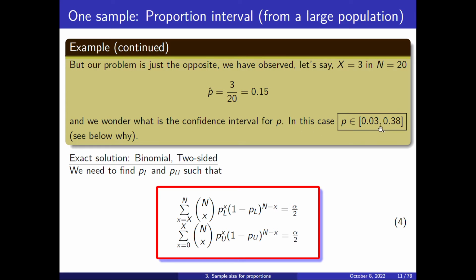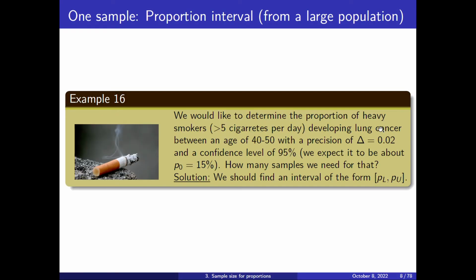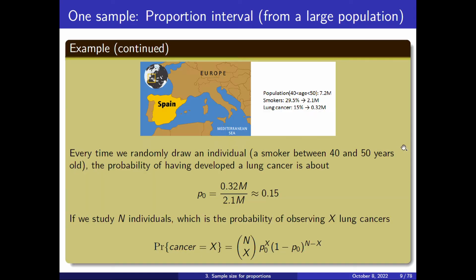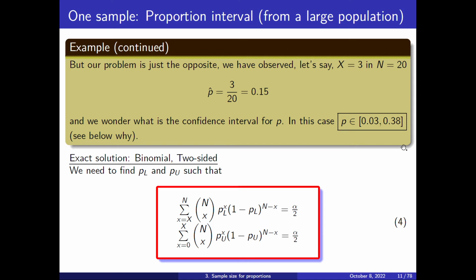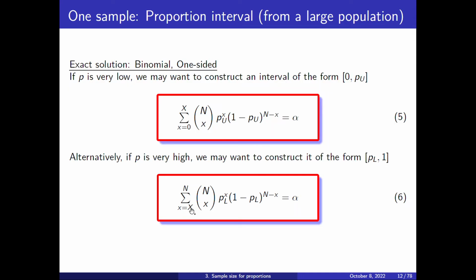Our constraint before was that this delta is smaller than 2%. So we can use these equations to calculate the n. Now we know how to calculate PL and PU, so we can require that the difference between the two is smaller than 2%, and then we need to calculate n. That is the exact solution.